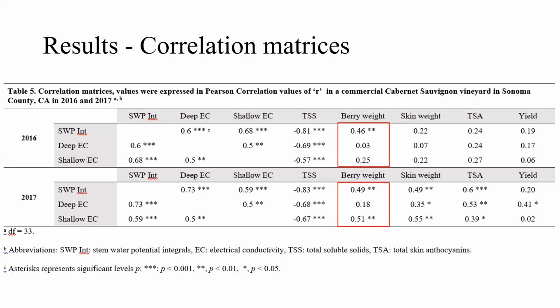In 2017, both berry skin weight and total anthocyanins were positively correlated with stem water potential, deep ECA and the shallow ECA. So it's more related to plant water status and soil EC.